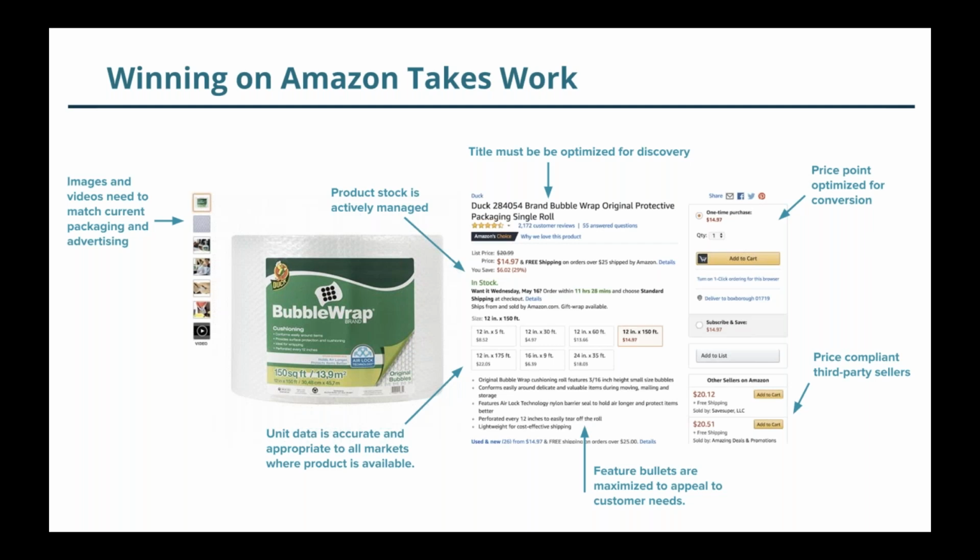And the same is true for any good, active brand behind the scenes managing how they are appearing on the digital shelf. If I go from left to right on this screen, there's an image gallery for every product page. You have to make sure that those products are up to date, in line with your current packaging or your ad campaign. Include video.